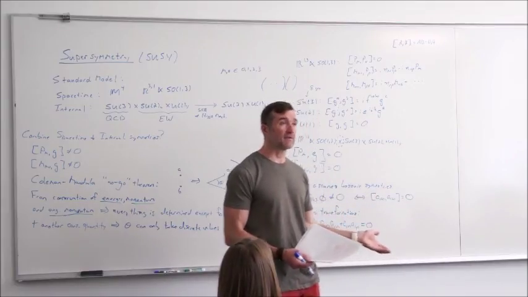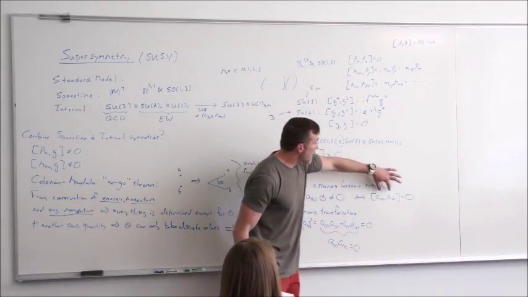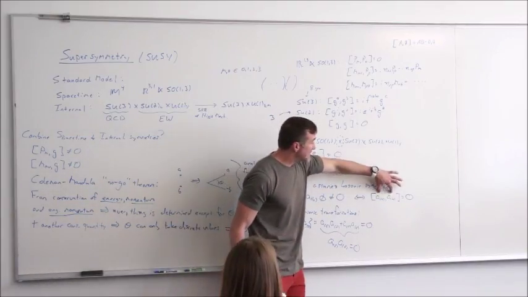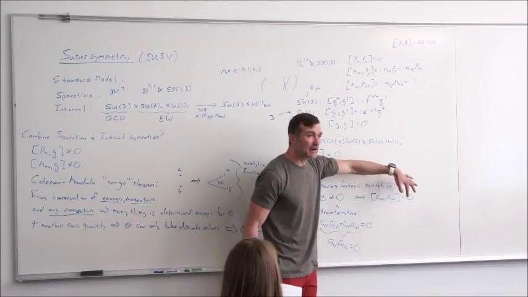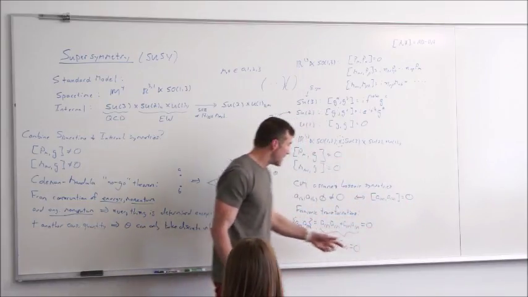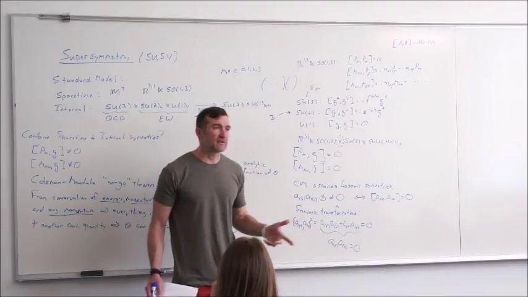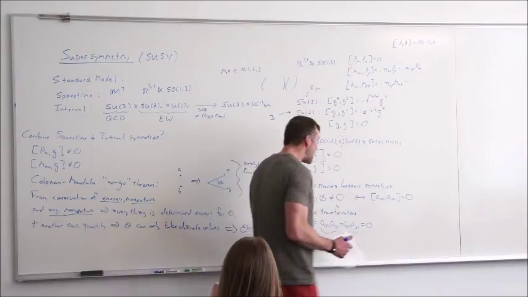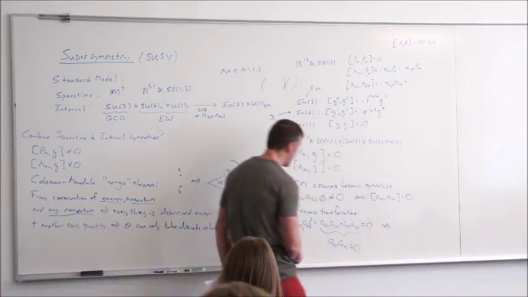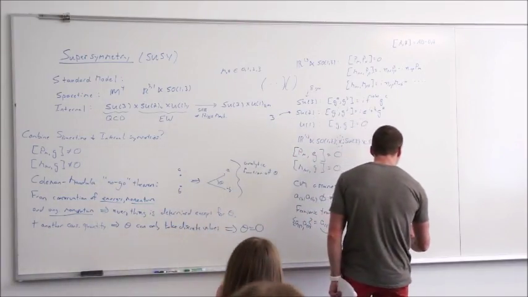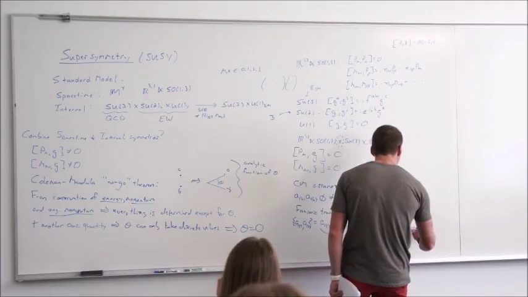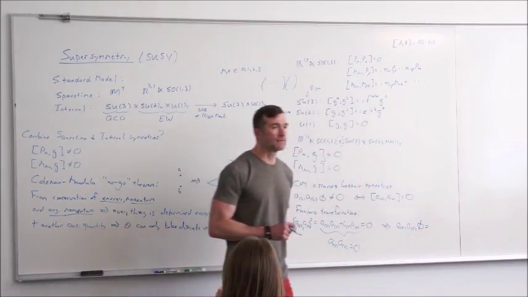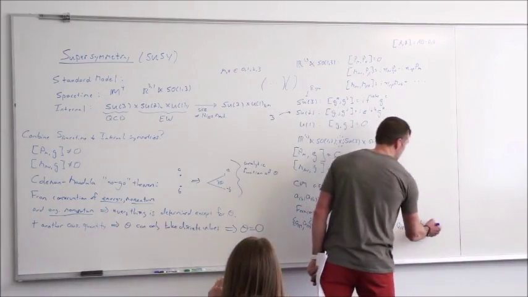Something can't be equal to negative itself unless it's zero. That's not a problem here. Okay? This can be non-zero and be consistent with this because this is something minus itself, which we already know is zero. But because this is something plus itself being zero, that implies that this thing squared is zero. Okay? But what that means is that for this Clifford algebra, if I try and make two fermionic excitations of the vacuum, I have to get what? Zero. What do we call that?